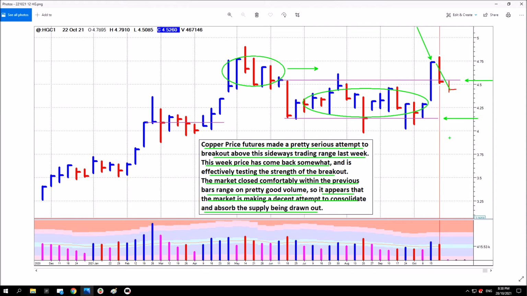A clear break and close below that level would be a significant break. At the moment, spreads narrowed, volume's been light so far in this market, so it may just be testing for supply and perhaps close back at this level by Friday. We'll see.